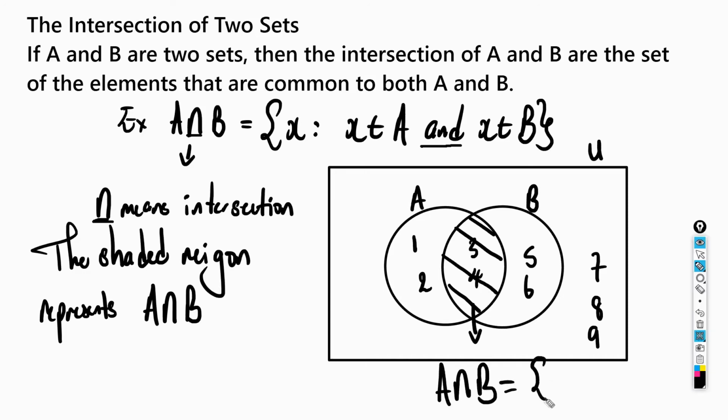And it would be equal to just 3 and 4 because 3 and 4 would be in A intersect B. All right. So it's pretty simple, guys. You just have to look for the numbers that are in A and are in B. Okay. So it's not rocket science, guys. It's really not too bad.